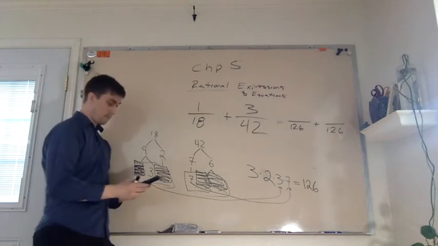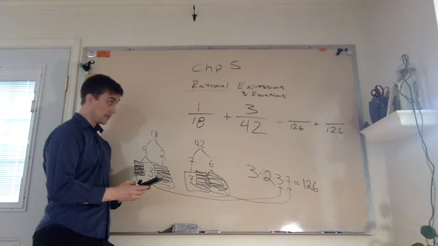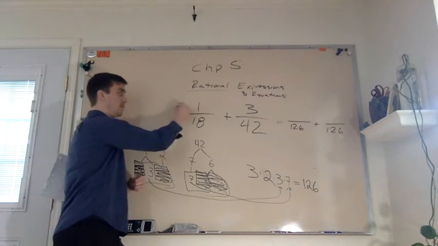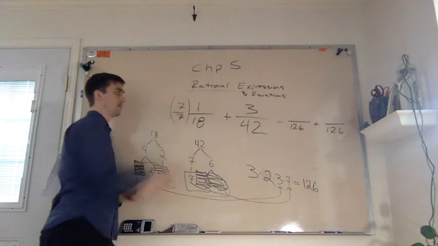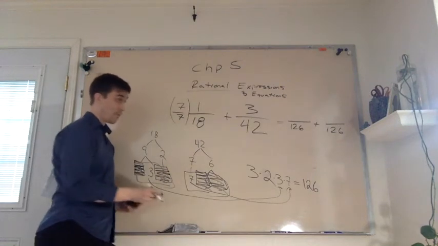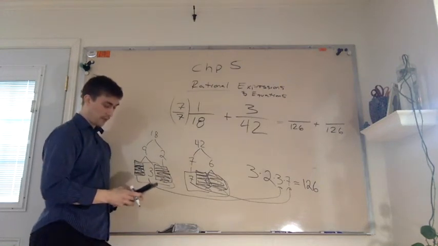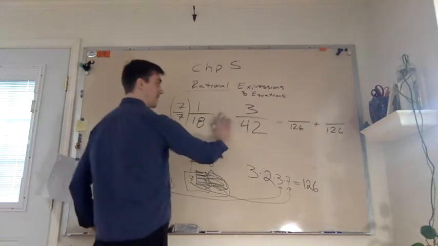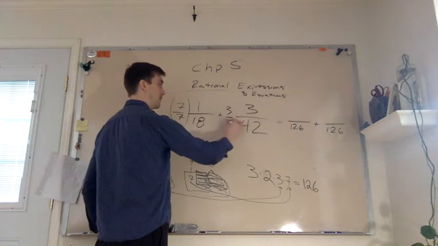So 18 times what is 126? 7. So you would multiply this by 7 over 7. 42 times what is 126? 3. So you'd multiply this by 3 over 3.